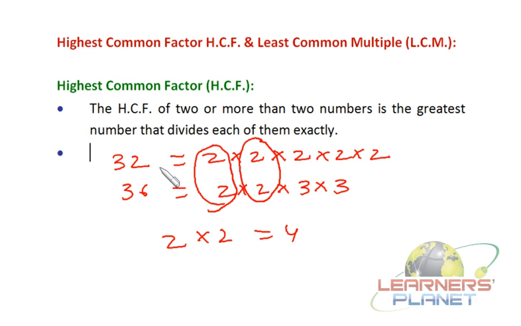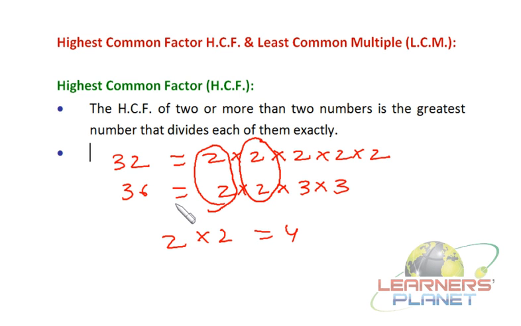So the highest common factor of 32 and 36 is 4. That means the highest common factor of these two numbers is the greatest number that divides each of them exactly. That is, 32 is divisible by 4 as well as 36 is also divisible by 4, and 4 is the greatest number which is common between these two.